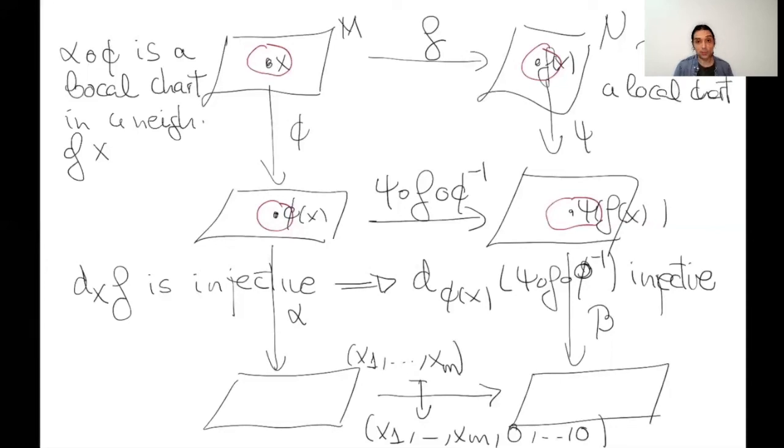And now you can consider the local expression of f in the local charts phi composed with alpha and psi composed with beta, and this local expression is going to be exactly this one. So indeed, what we are doing is using almost directly the local normal form for immersions. It's nothing else. We're not doing anything fancy here. Okay.